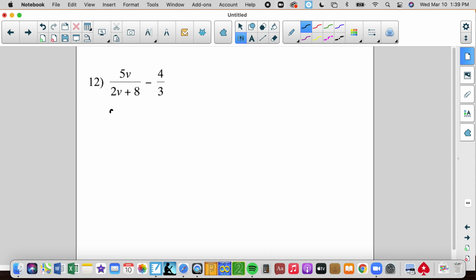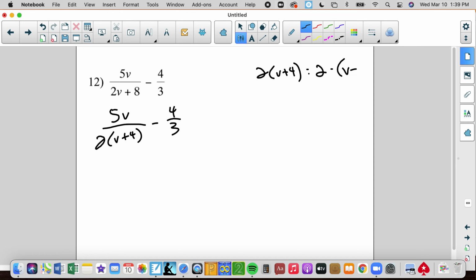Let's factor that denominator. Now we have our LCM, 2 times v plus 4. Prime factorization is 2 times v plus 4. And then 3, and the prime factorization of 3.